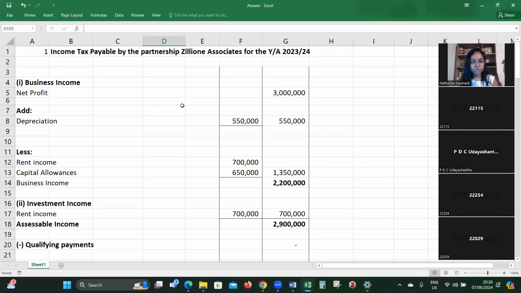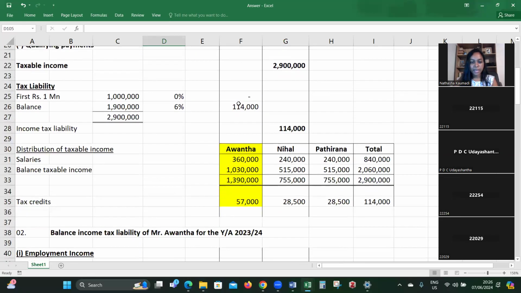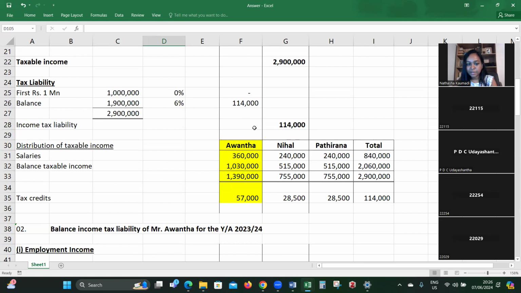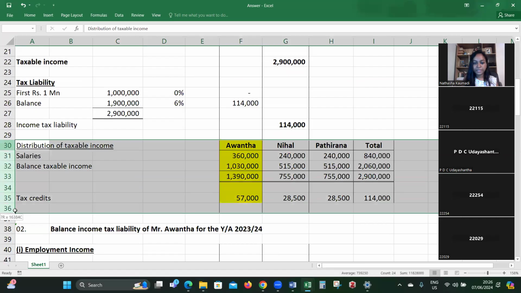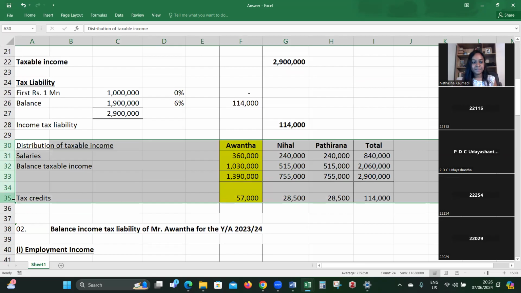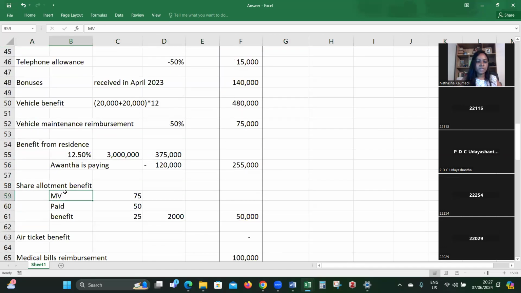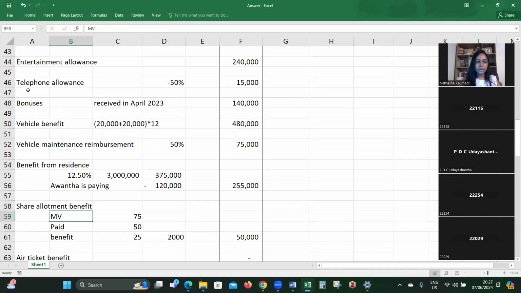We went through the question, we identified the requirements, we calculated the partnership taxation, right? And we did these workings here because we need that information in the future when we are calculating the individual income tax. This part we did for working. And then we went with the employment income.